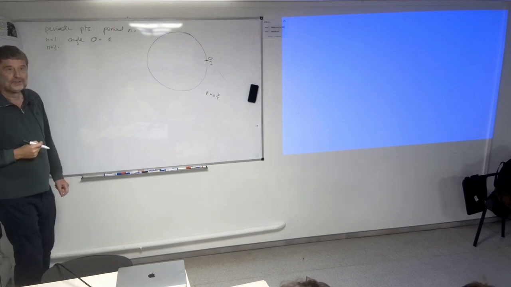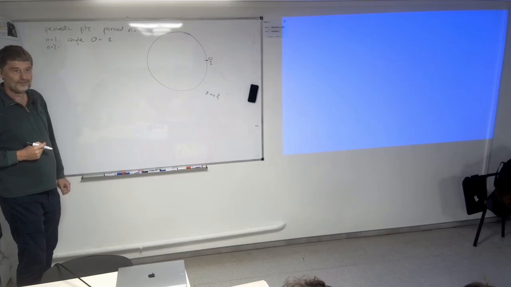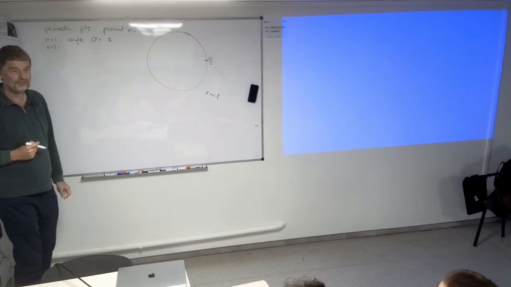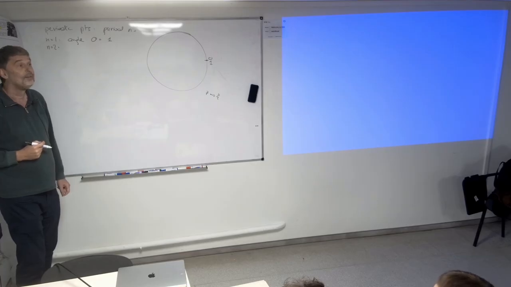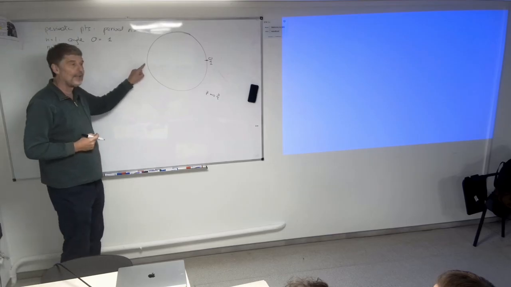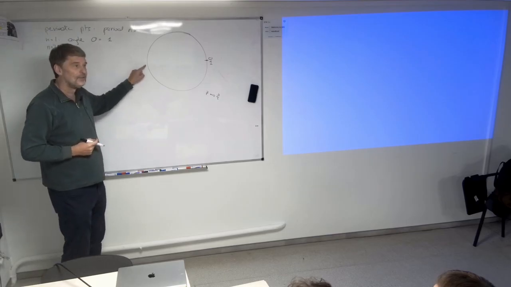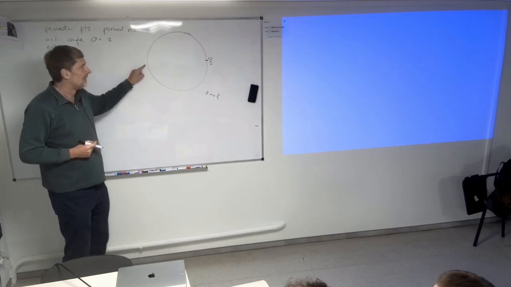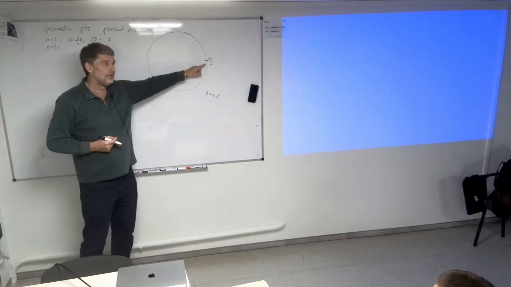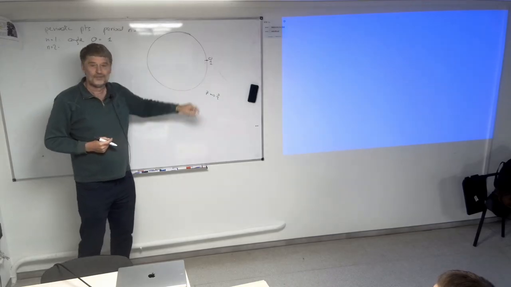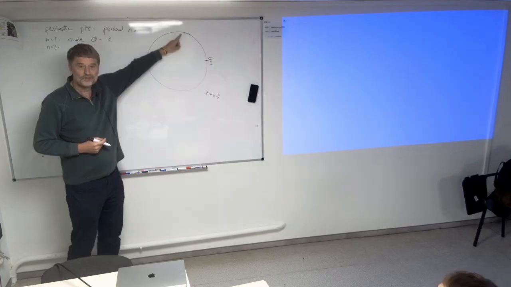Now let's look at period 2. How many do we have? What does 1/2 do under angle doubling? It goes to 1, which is 0.